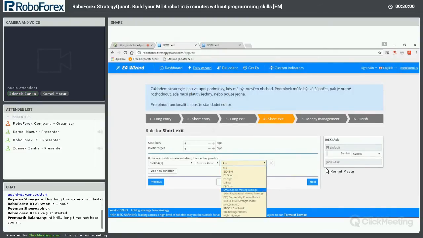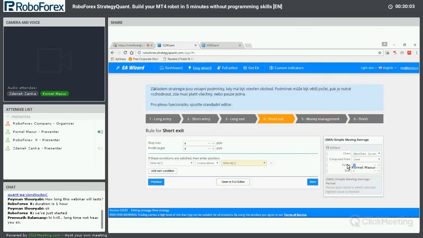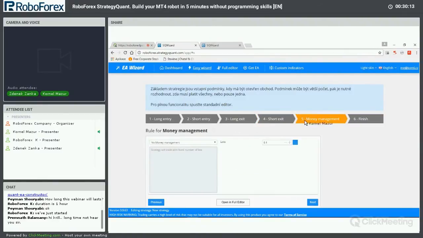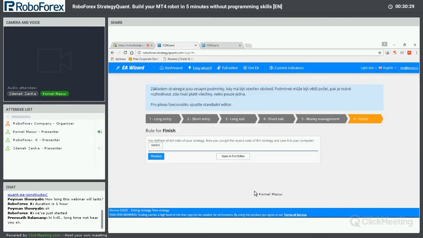And we need to set the period, and this is what we've done. So we can continue to money management. Because it's a simple example, we'll just leave it as it is, which means 0.1 lot, or we can update it even. And then we can click next, and this is all.